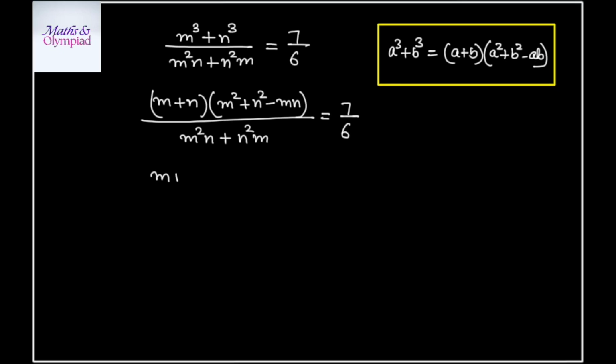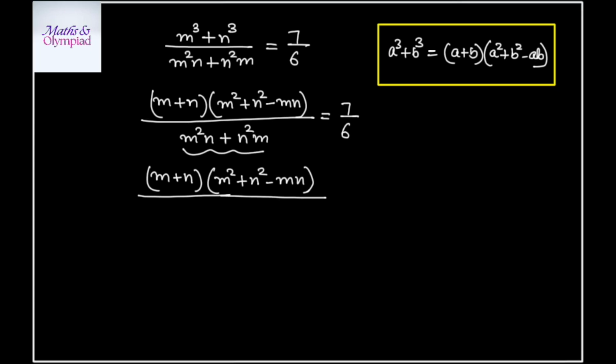I will write the numerator as it is. If you see in the denominator, we have a common factor m times n. So we can write it as (m plus n) equal to 7 over 6.